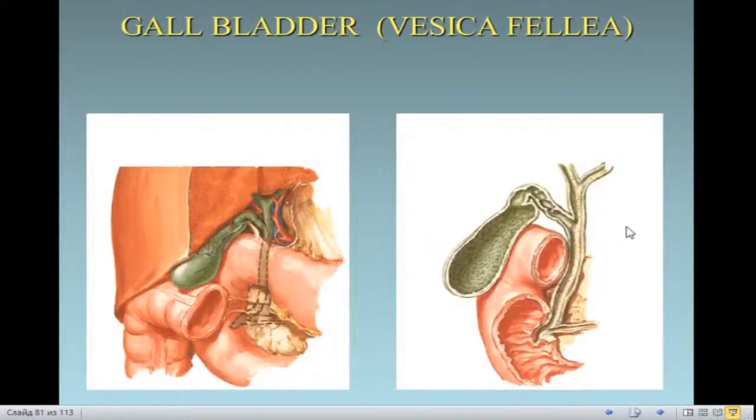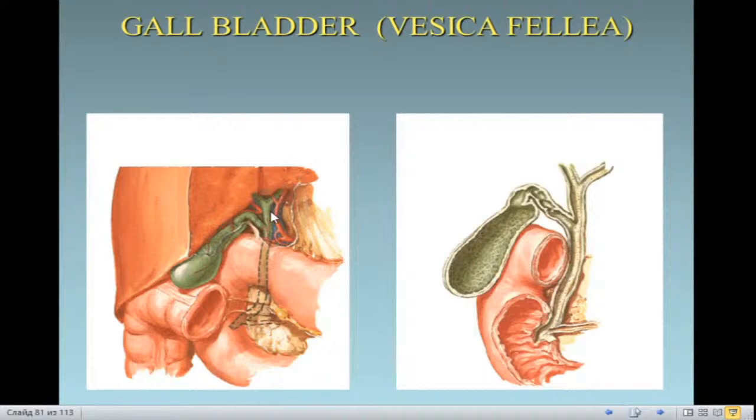Now gall bladder. After the liver produces bile, it will be connected by the smallest ducts at the angles of hepatocytes called ductuli biliferi. They will be joined to form ductus interlobularis, then ductus intersegmentalis, and then ductus hepaticus dexter and sinister from the two great lobes of the liver.